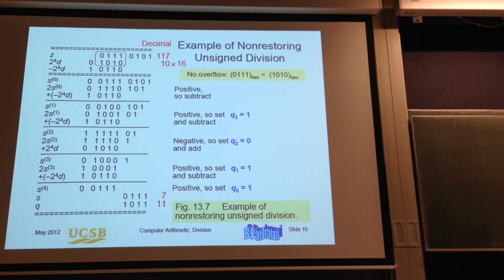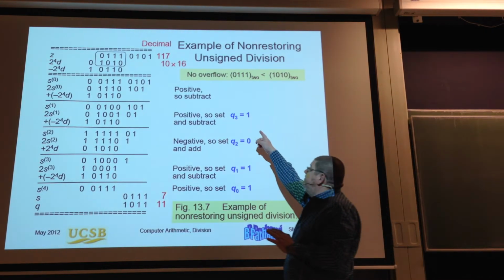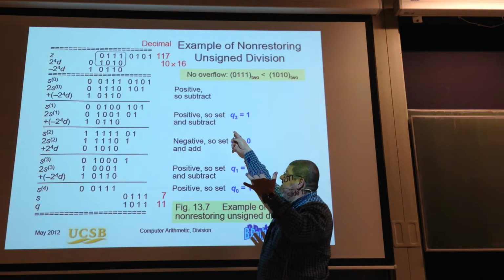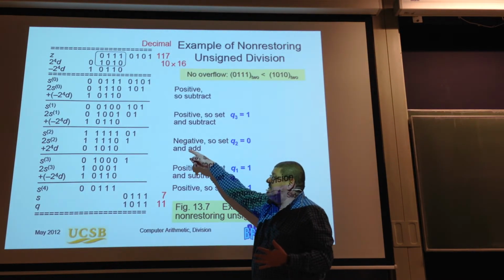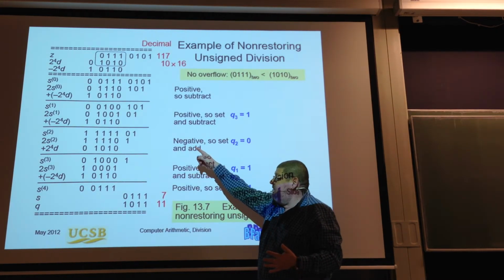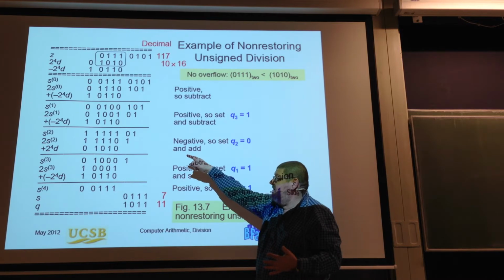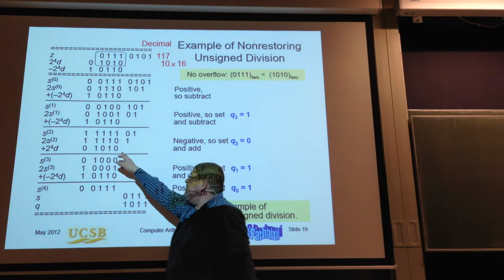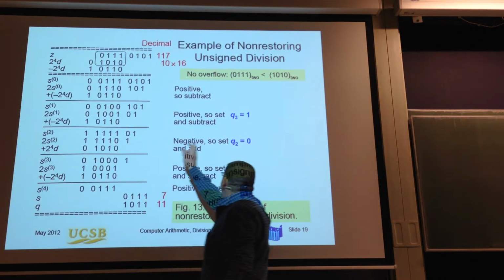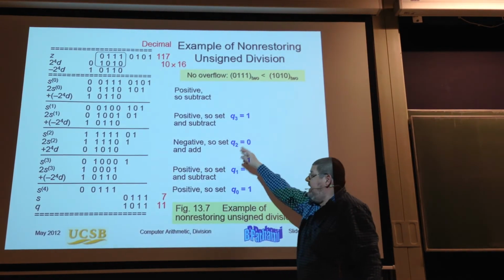And you see, this represents what's going on. Then I made the first guess here, 1. It was positive, I did a subtraction, and now I get a negative result. For this negative result, now what I will do is I will use it, I will shift it. I will not subtract, you see, I'm just adding now, and I report the 0, and then I continue.